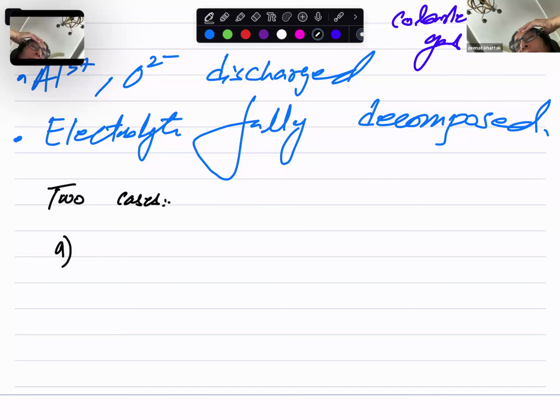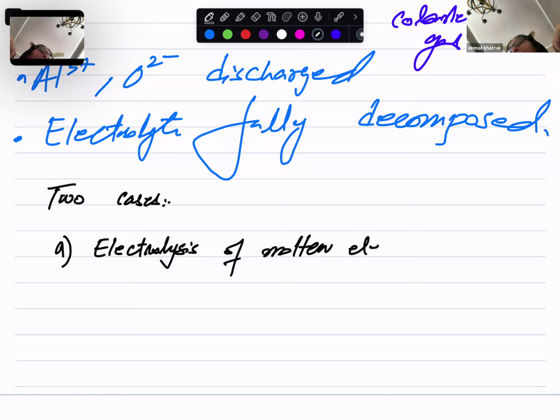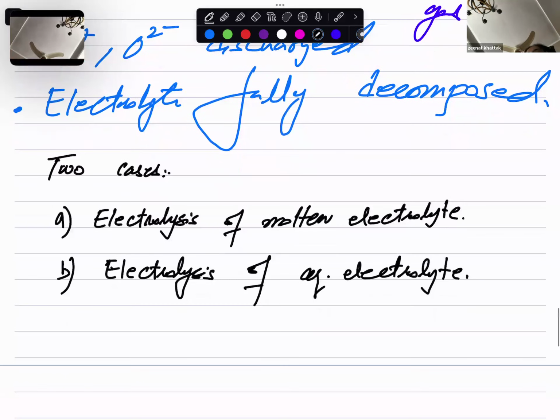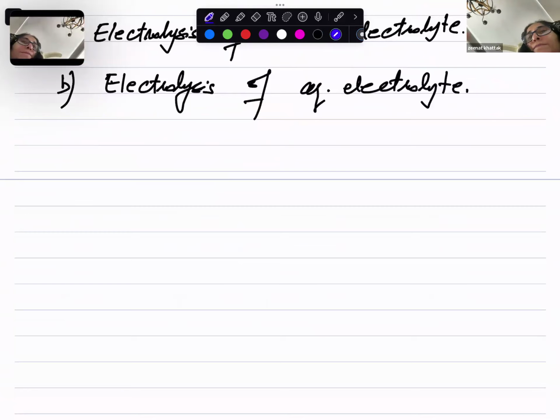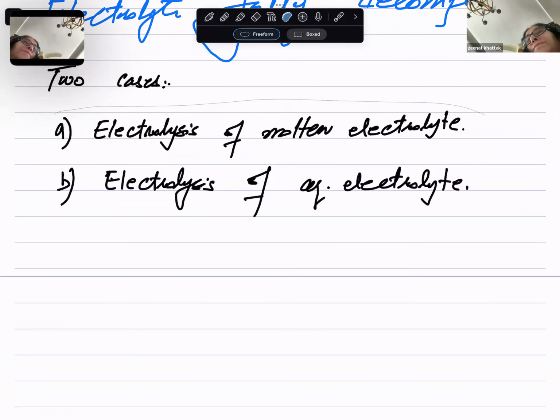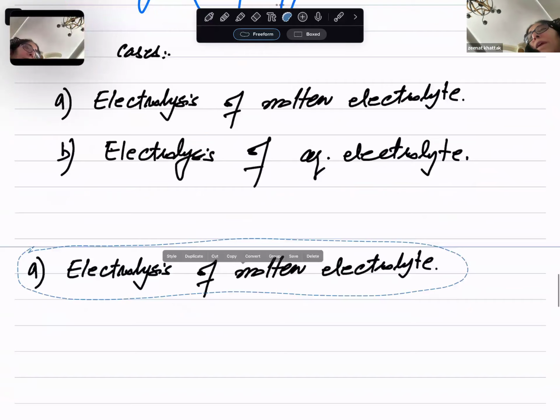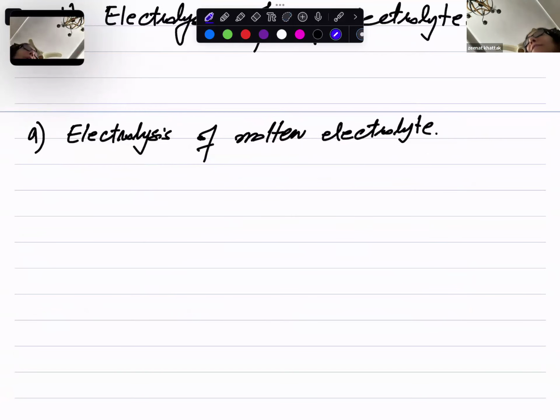Number one, electrolysis of molten electrolyte, and number two, electrolysis of aqueous electrolyte. Now, molten.